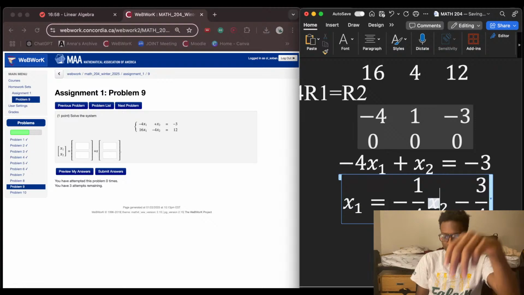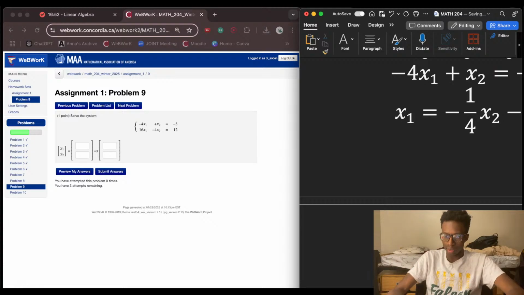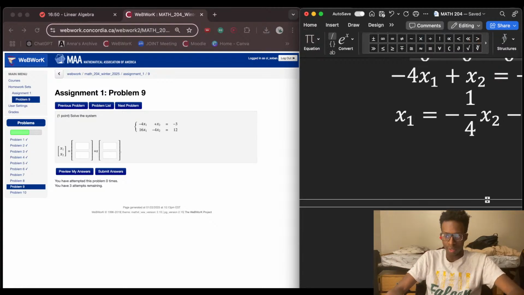So then you set x2 equals t, or s in this case.